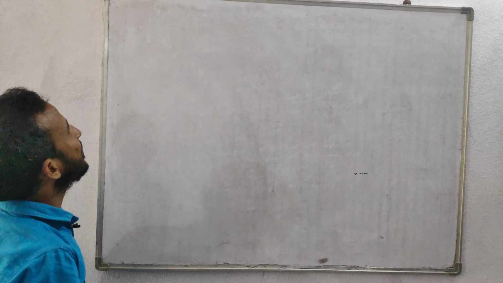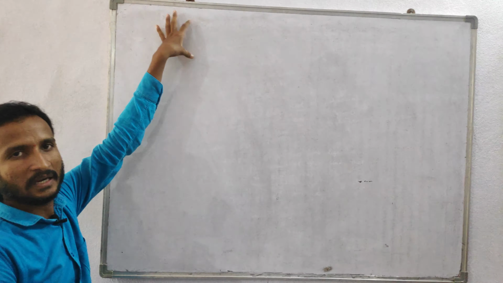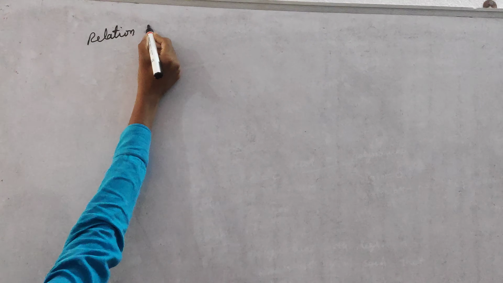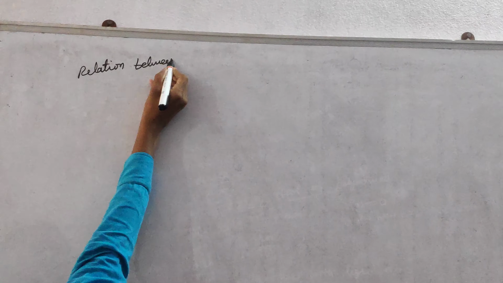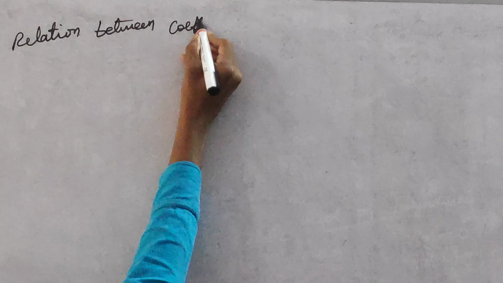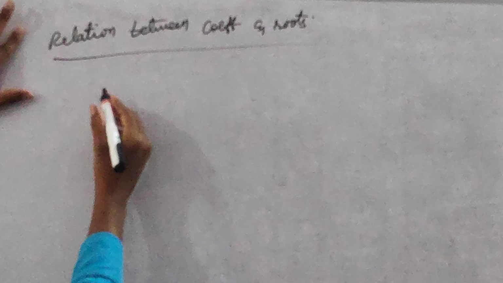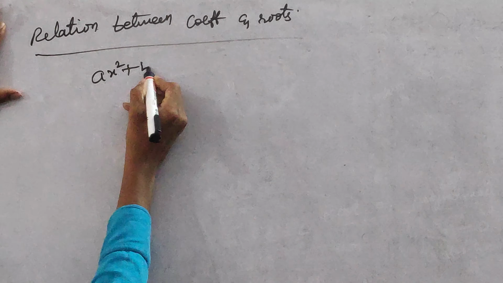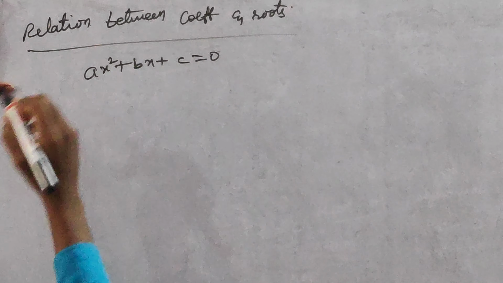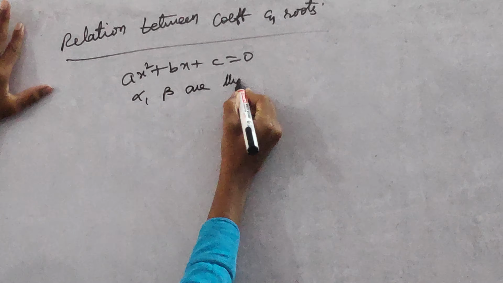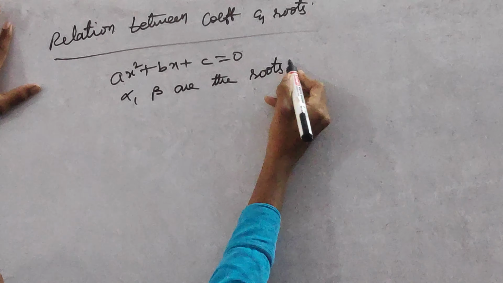Now we will see the relation between coefficients and roots of a polynomial equation. For example, you have a quadratic equation ax square plus bx plus c is equal to 0, and alpha, beta are the roots.